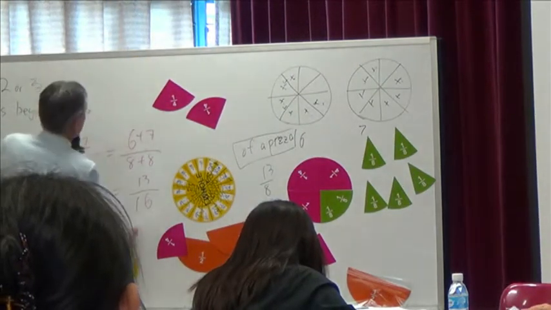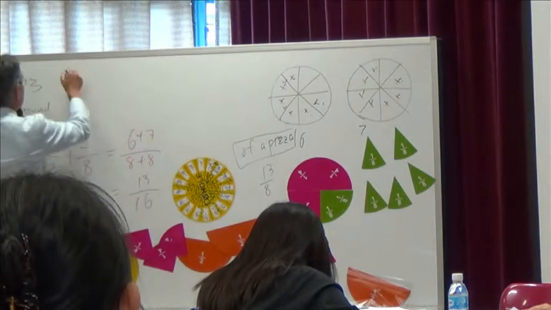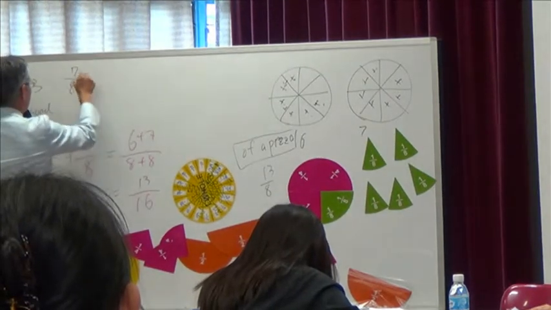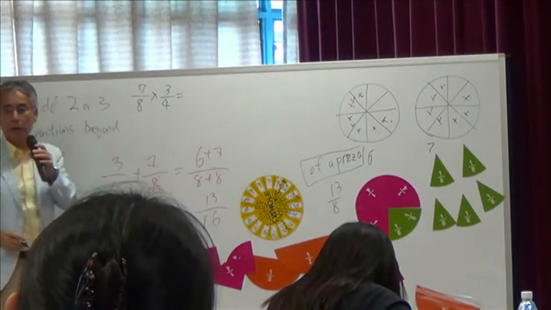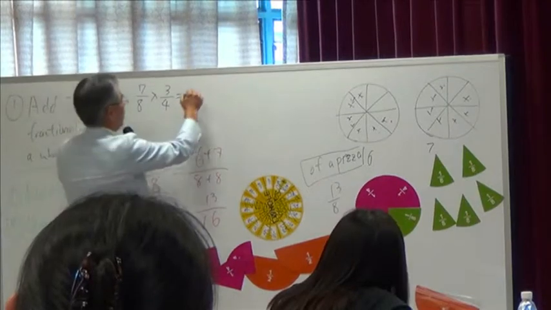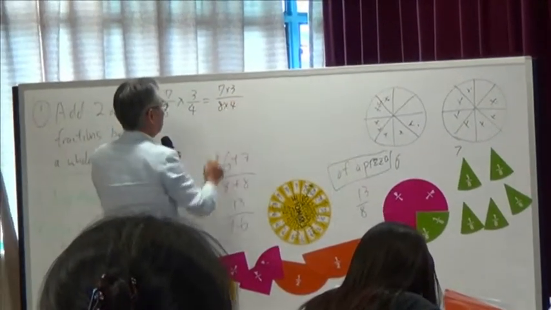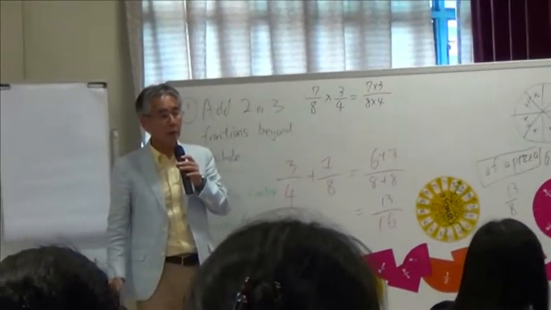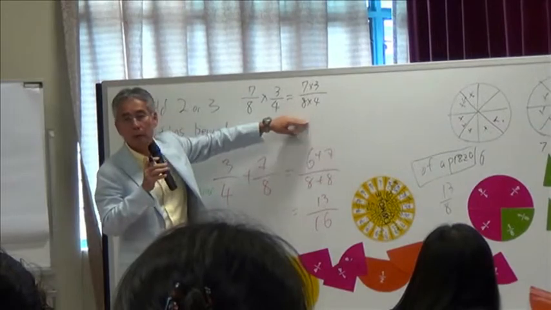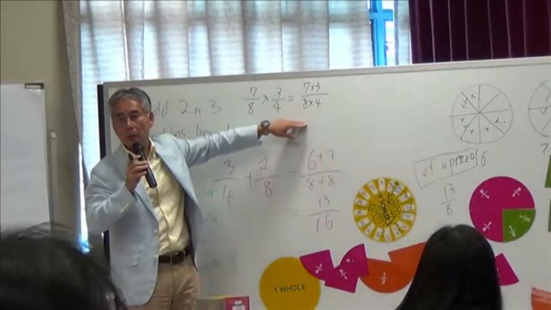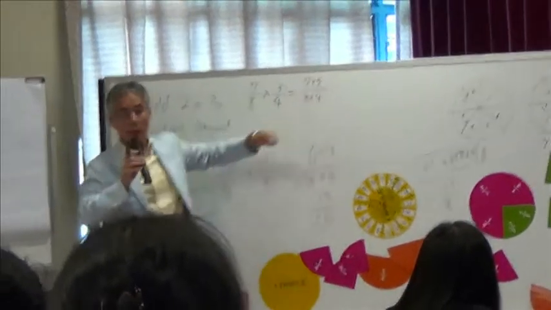For example, 7/8 multiply 3/4, what should we do? 7 times 3, 8 times 4. Right? So then students say, well, we cannot multiply denominator because elementary school teachers say you cannot do that for the denominator. They may say that.